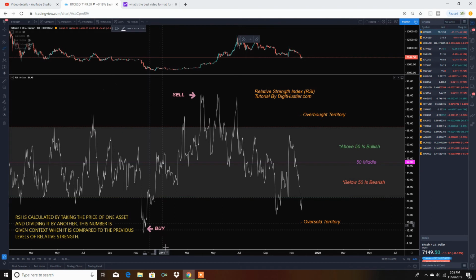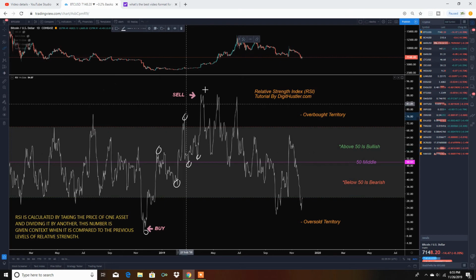If you look on the bottom here, you'll see one low, then we have a higher low, higher low, higher low. Whenever you have a series of higher lows and higher highs, all these are higher highs, this is a good sign that it's bullish.